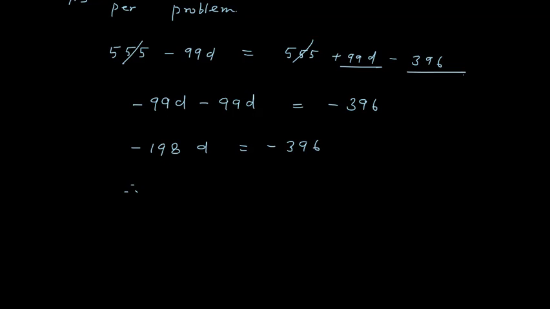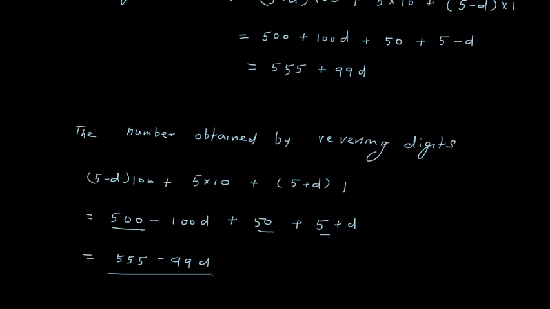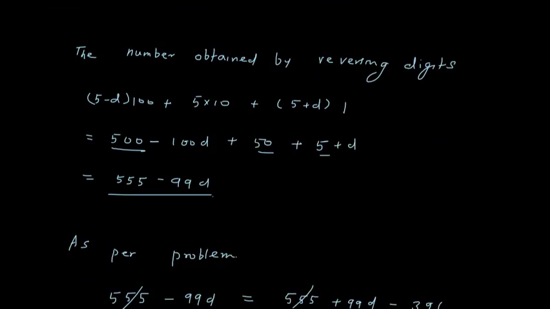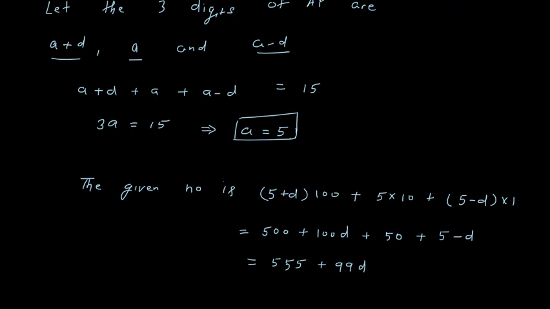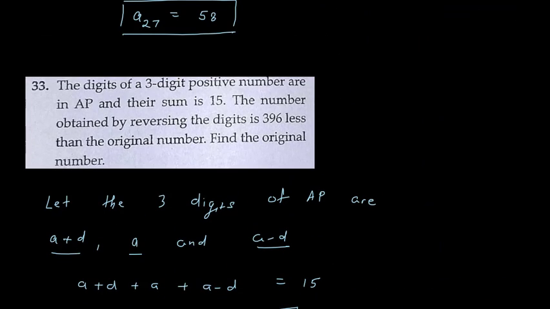Therefore D is equal to minus 396 divided by minus 198. Easily you can figure out that this is 2. So the value of D is 2. I get the value of D and the value of A, so I can find the required number.